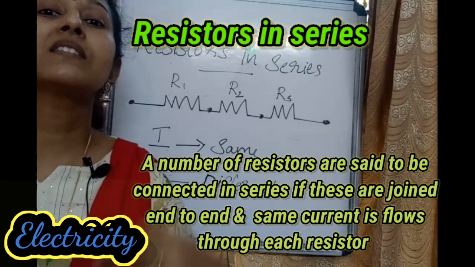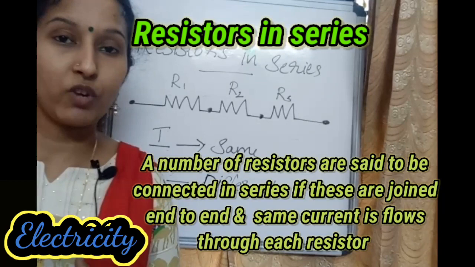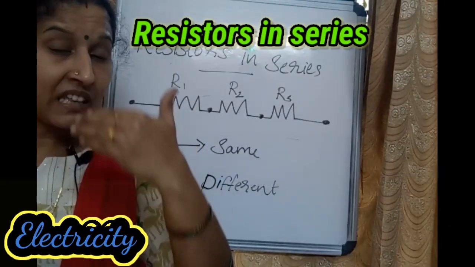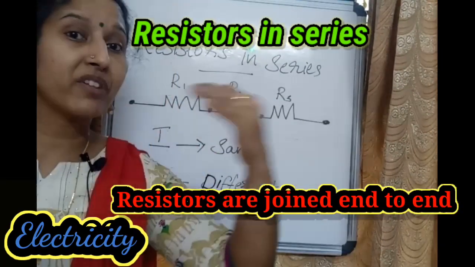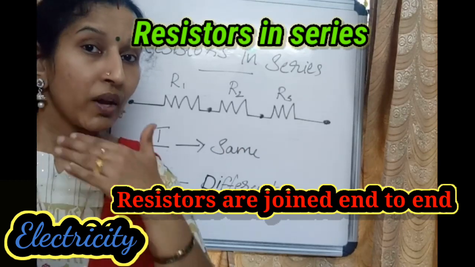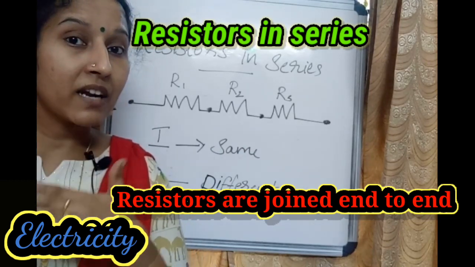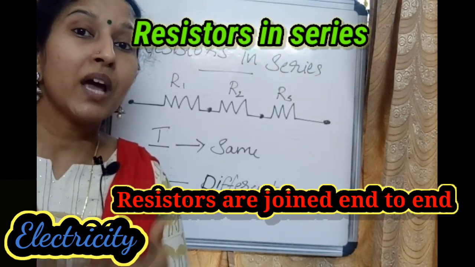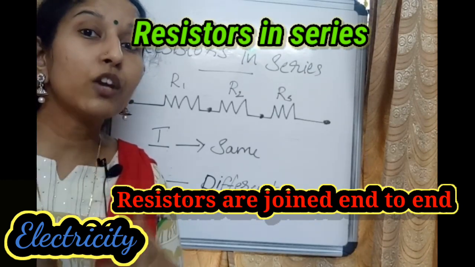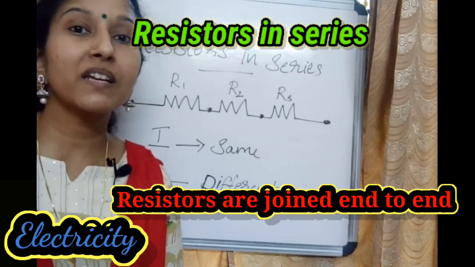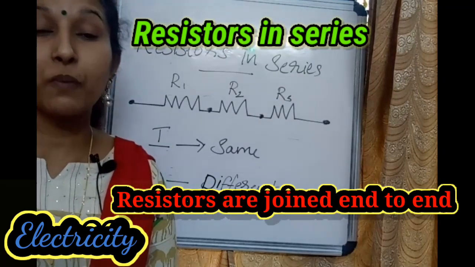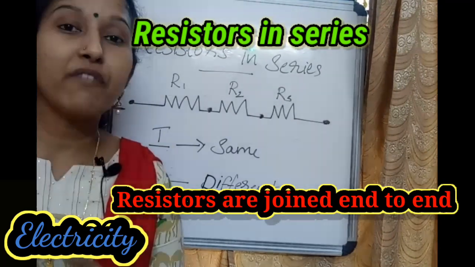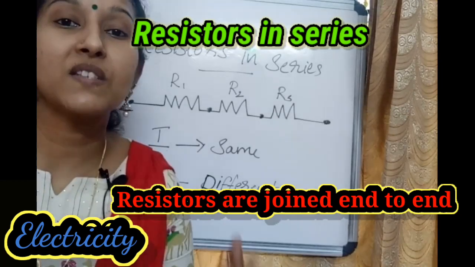The resistors are connected one after one, so when we supply current to the circuit, that current is the same through all the resistors in the circuit.